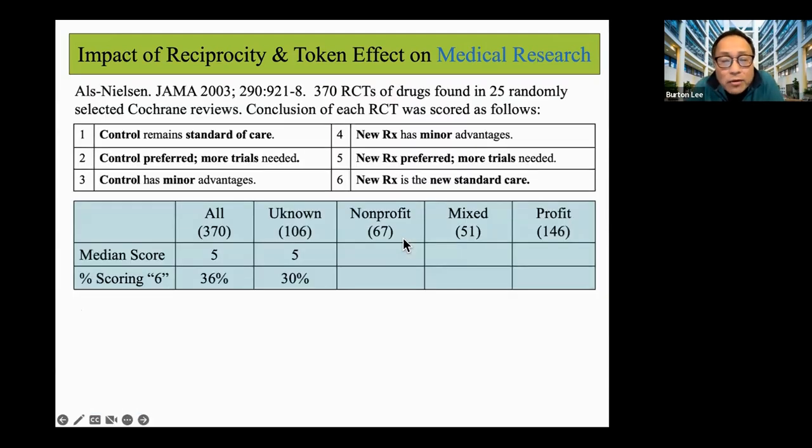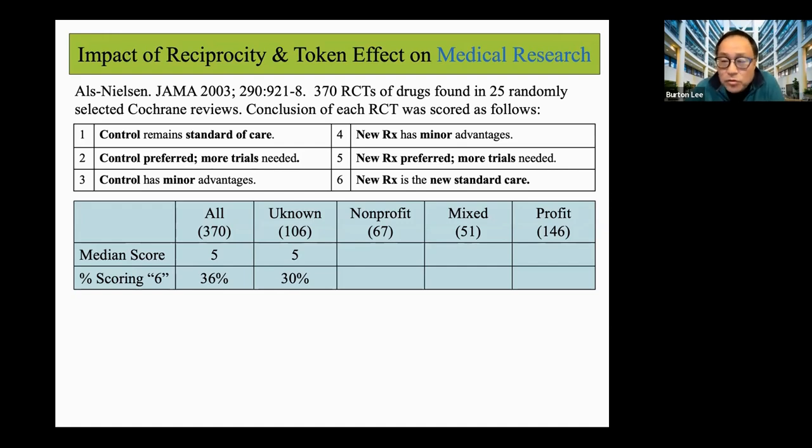So now coming back to medical research further, here's a pretty classic paper by Els Nielsen. What they did here was they took a whole bunch of randomized controlled trials that were found in randomly selected Cochrane reviews. As you know, this is a systematic review.